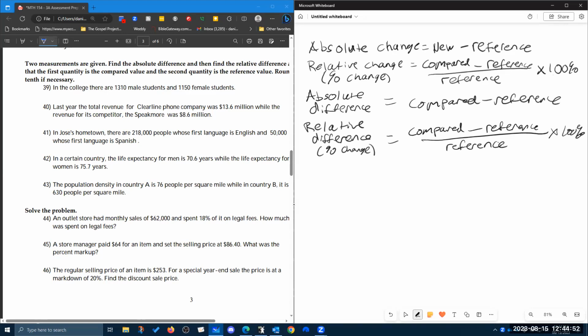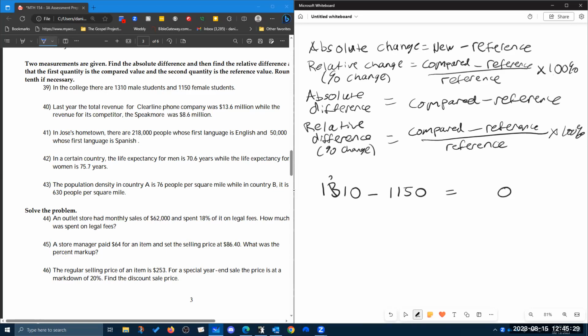But there you go. In the college, there are 1,310 male students and 1,150 female students, and they want us to compare these values. So the absolute difference, they want us to use the second quantity as the reference value. So we're going to say that there are 1310 minus 1150 to find the absolute change. 0 minus 0 is 0.